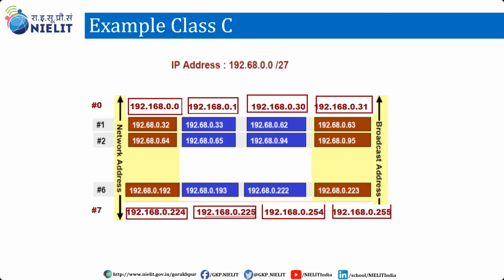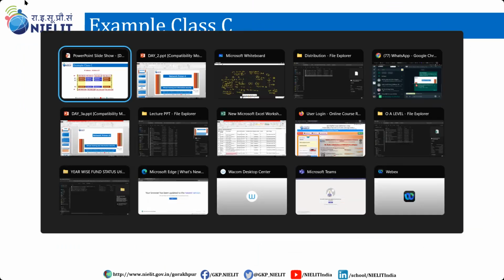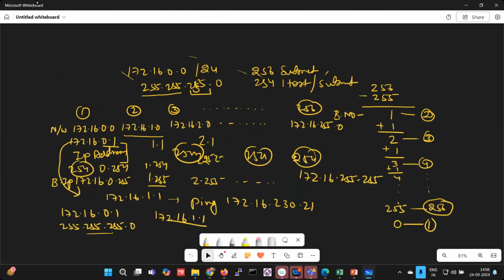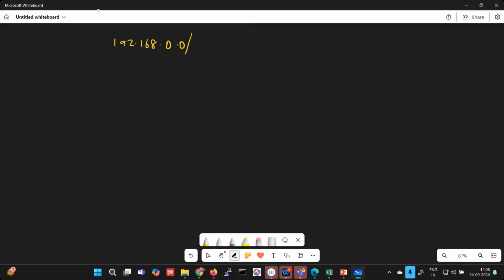We have a given network address, and in this network address we want to do subnetting. In the new example, we can start with 192.168.0.0, and our subnet mask is /27.